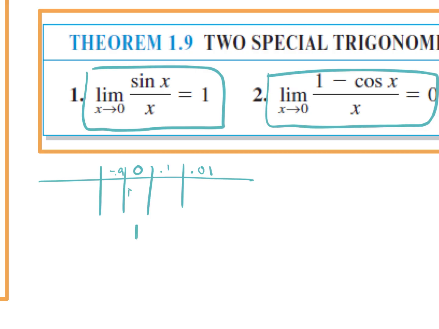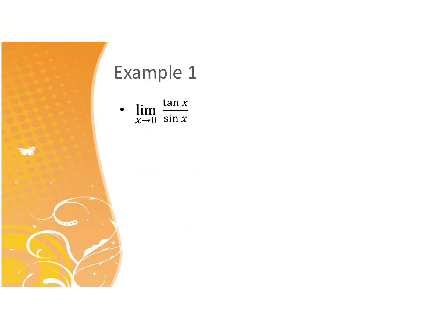So even though it does not exist at 0, because putting 0 in the denominator, it does not exist, our values would approach 1, so that's why our limit is 1.